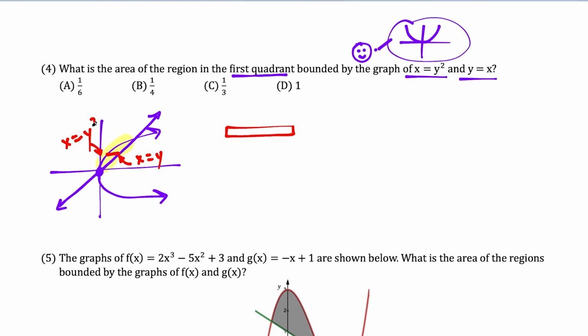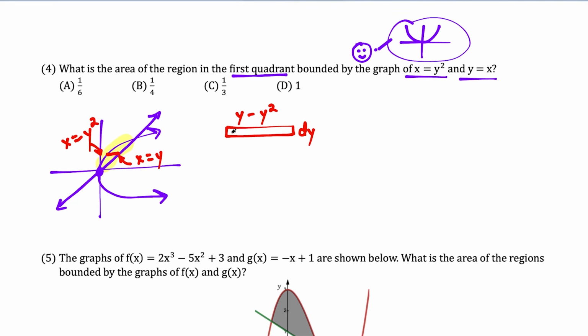And if I want to find the horizontal distance between these two curves, I'm going to do the curve on the right minus the curve on the left. So I'm going to do y minus y squared. Okay, so that's the horizontal distance going this way. And then this small vertical change, I'm going to call dy. Okay, because remember, dy, delta y, represents that infinitesimal change in the vertical direction.